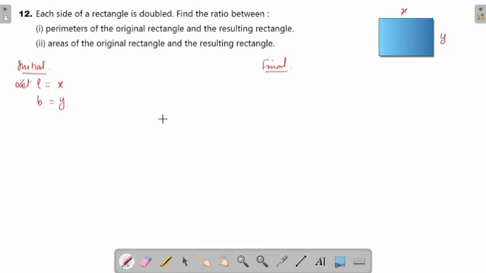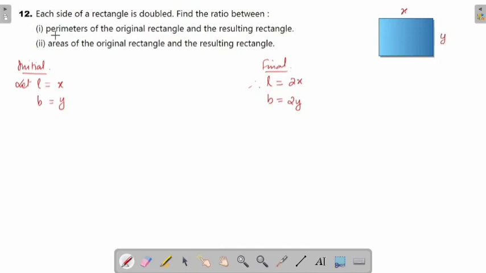Now the question is saying that later on your length becomes double, that is 2x, and your breadth is also doubled, because each side is doubled, so your breadth becomes 2y.